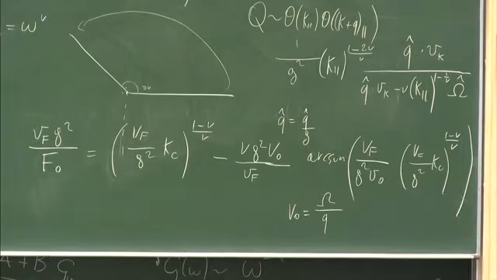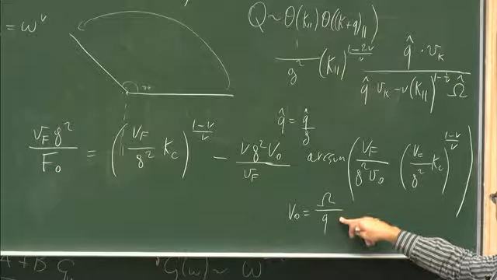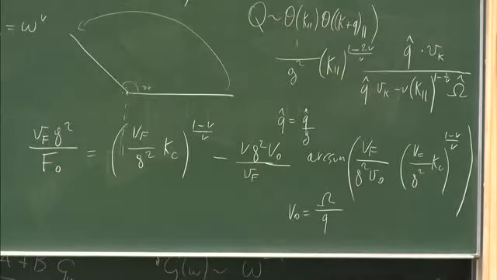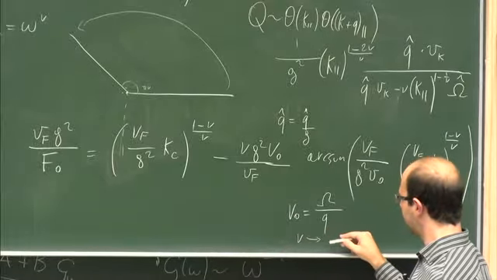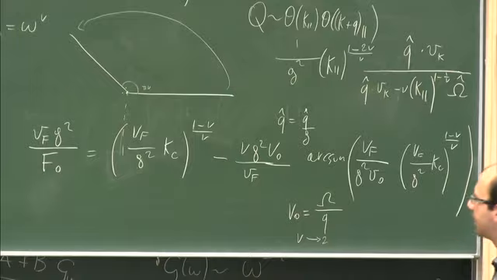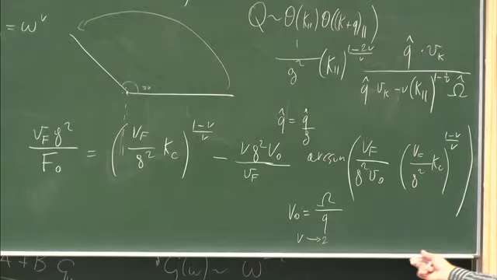One finds that there is a solution where omega is proportional to q, like in the ordinary case, and the velocity satisfies this equation. Now one can check that in the limit nu goes to 2, it reduces to the Fermi liquid case, and otherwise it's something non-trivial.